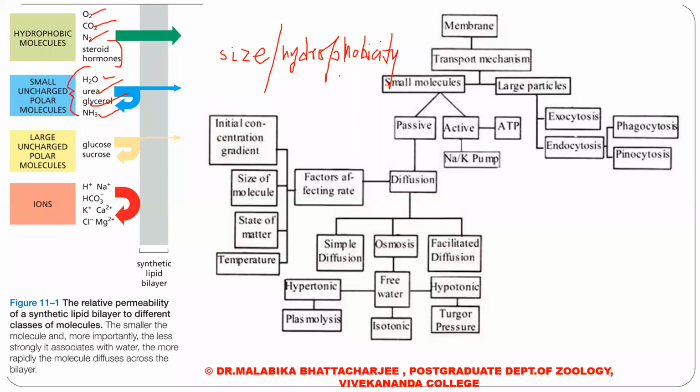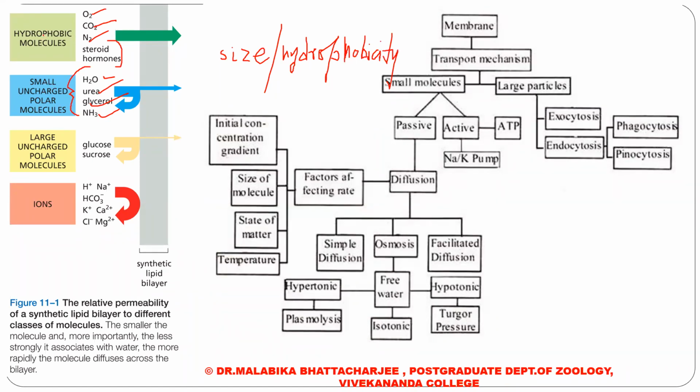So size and hydrophobicity are the two main points which determine how fast a molecule will travel across the plasma membrane. The general rule is, the smaller the molecule and the more hydrophobic or non-polar it is, the more easily it diffuses across a lipid bilayer.